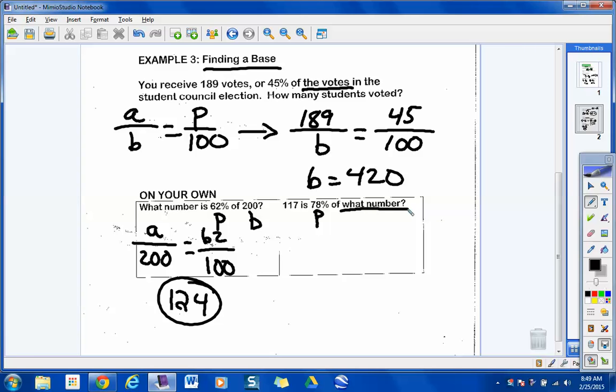So B is our unknown, which makes 117 the amount. So we're going to have 117 over B, and that's going to equal 78 out of 100. So you'll go 117 times 100 divided by 78. Is it 150? 150?